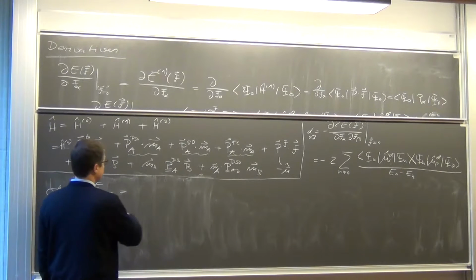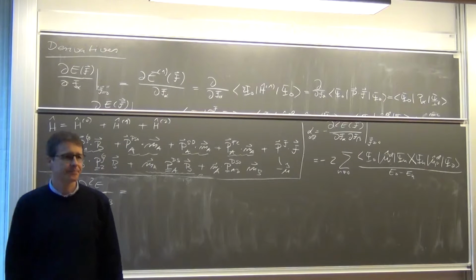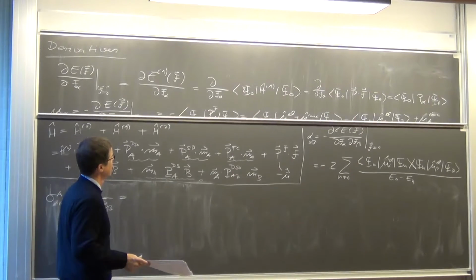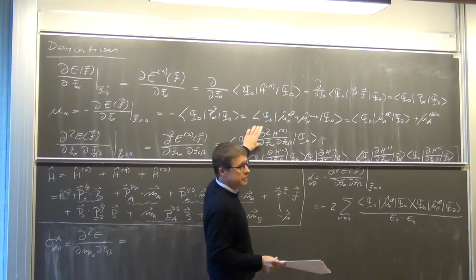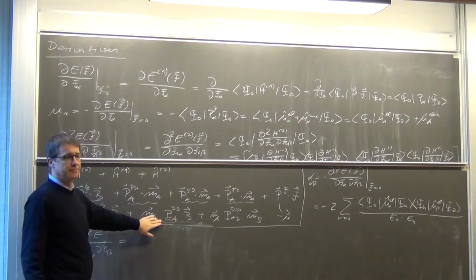And then quadratic terms, it's this so-called bilinear. So now we have a derivative of one of those, and that is immediately going to be this one.